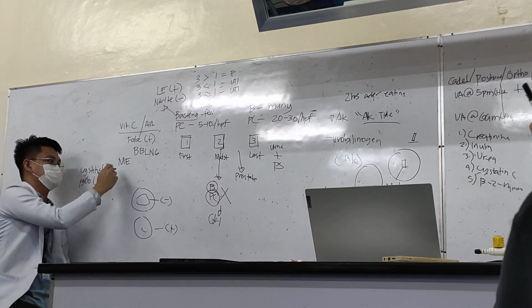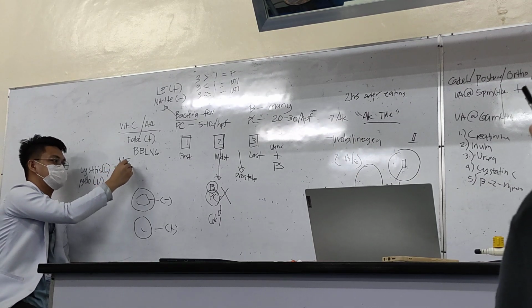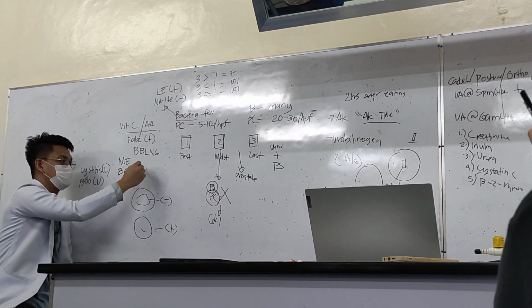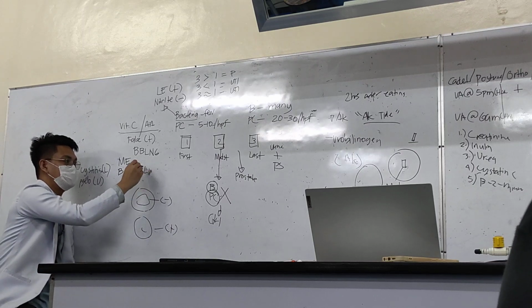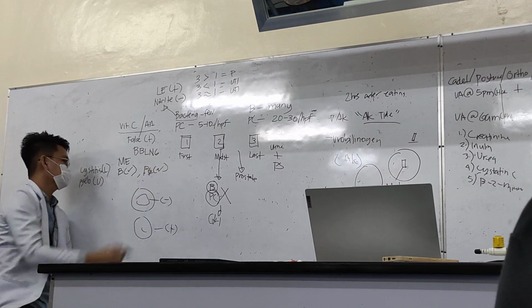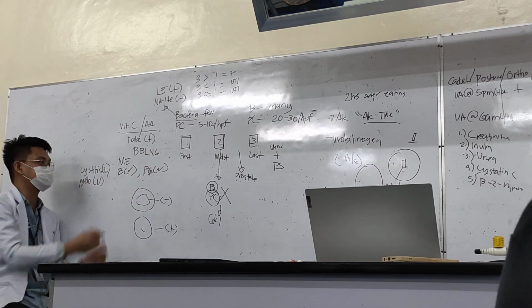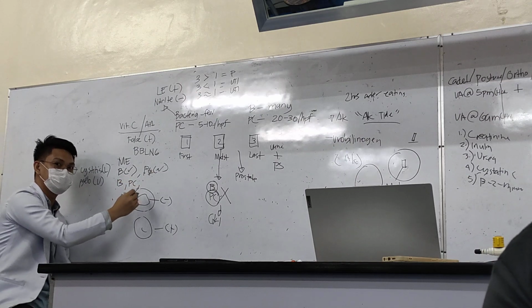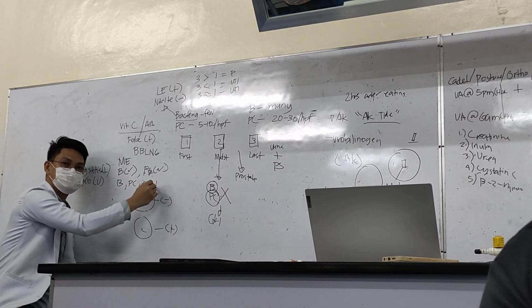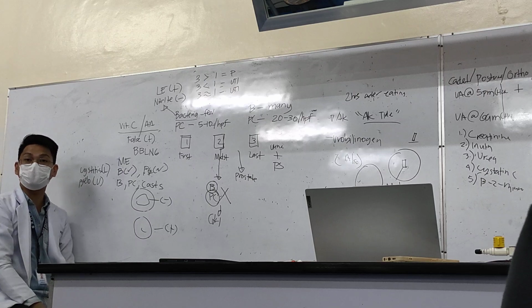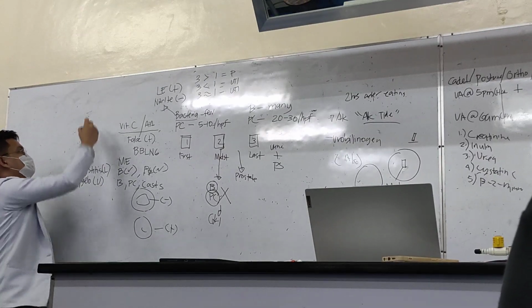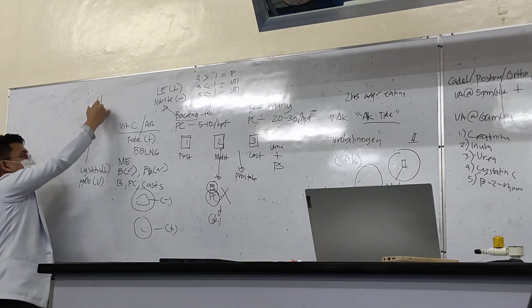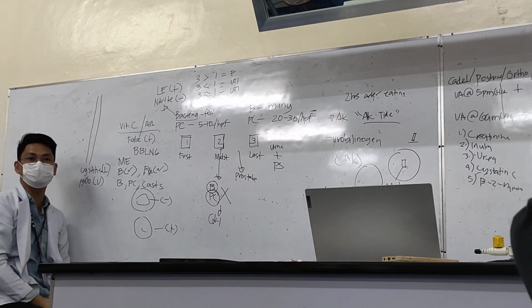So if it is a bladder infection, you can observe the presence of bacteria, and you can observe the presence of WBCs or mast cells. But if you have pyelonephritis, you can observe bacteria, mast cells, and casts. Where do casts come from? This is your tubules, for example the proximal convoluted tubules.